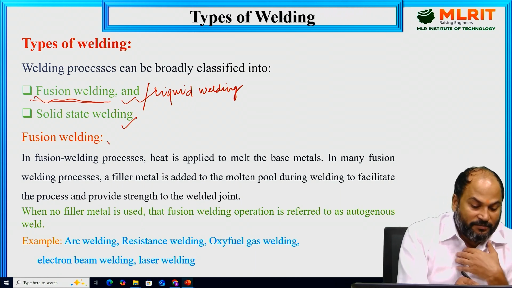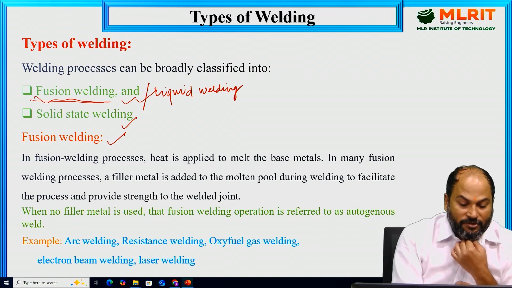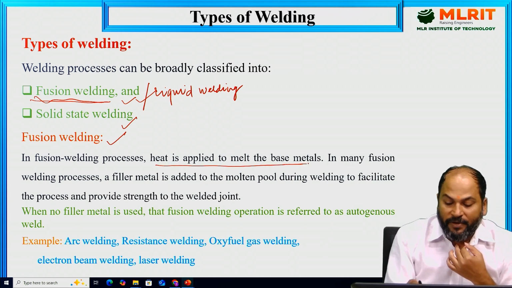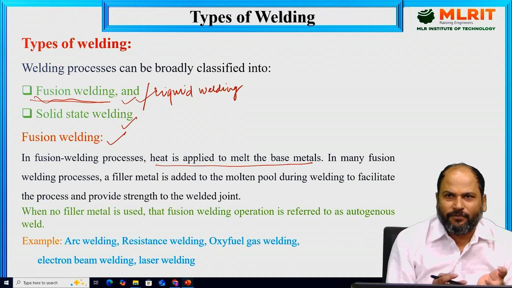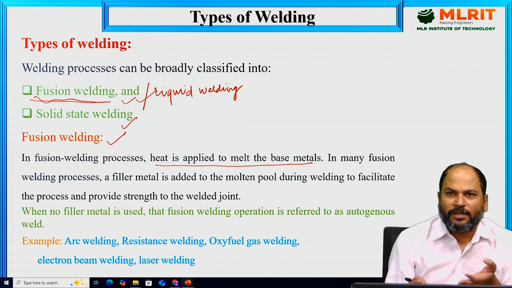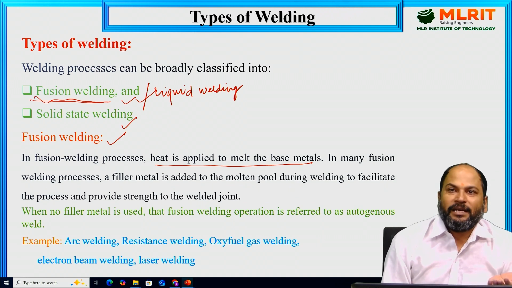So here that has been written. What is the meaning of fusion welding? In the fusion welding process, heat is applied to melt the base metal. Now this heat source, many sources may be there. In all the arc welding, the arc of course is the source of heat to melt the material. In gas welding, a chemical reaction is the source through which we get the heat.